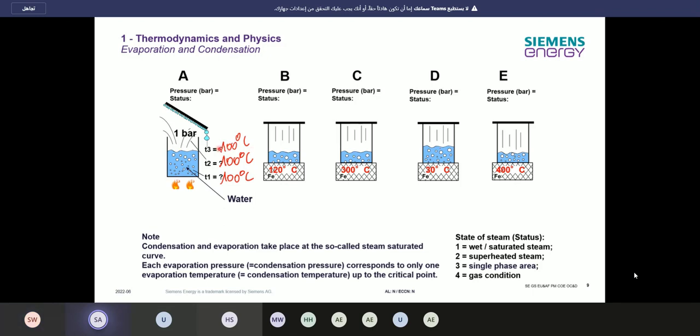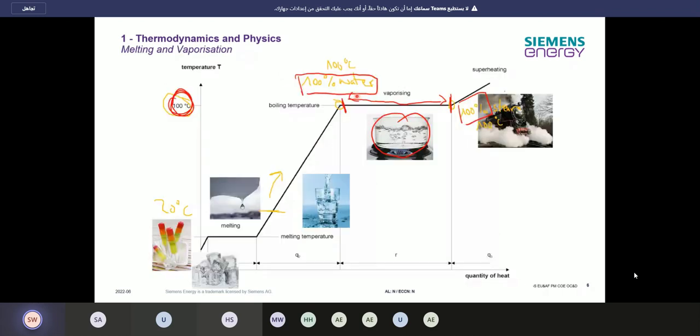Yes. Same temperature? This is the same temperature because you're changing again just the condition of the steam. So the steam over here, when we go back, we'll get back to this point.